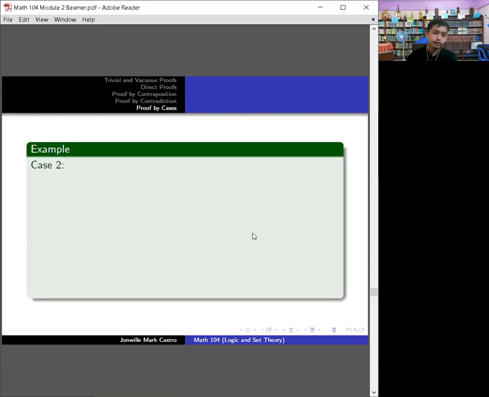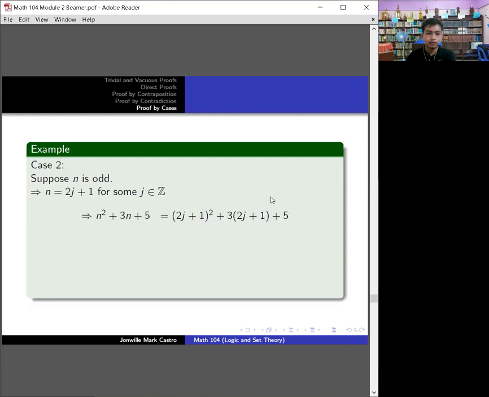Second case, suppose n is odd, then we have n equals 2j plus 1 for some j in Z. So, same procedure, but this time, we use our odd n. And we just simplify it. We get this, which is equal to 2l plus 1.